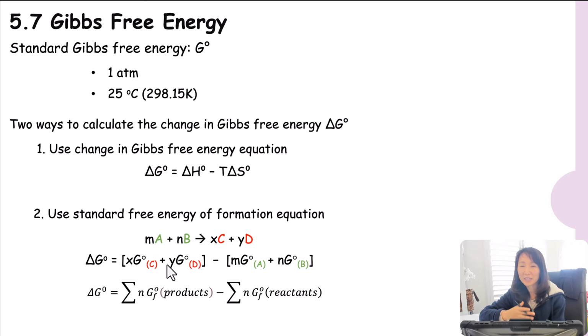Now, I know this is sort of all over the head, so we're going to actually do a practice problem to better illustrate these two ways to calculate the Gibbs free energy.